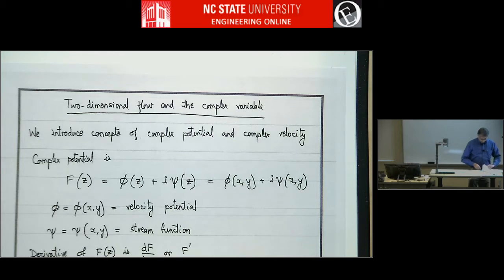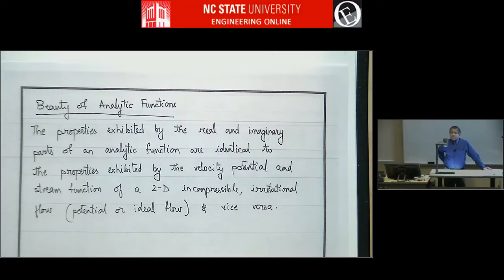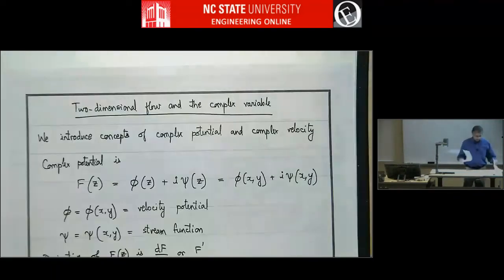Let me see if I can find that page. We saw this in the last class. The properties exhibited by the real and imaginary parts of an analytic function are exactly the same as the properties exhibited by velocity potential and stream function. That's why analytic functions can be used to represent flows. And now we are going to go into those details. So, two-dimensional flow and complex variable.